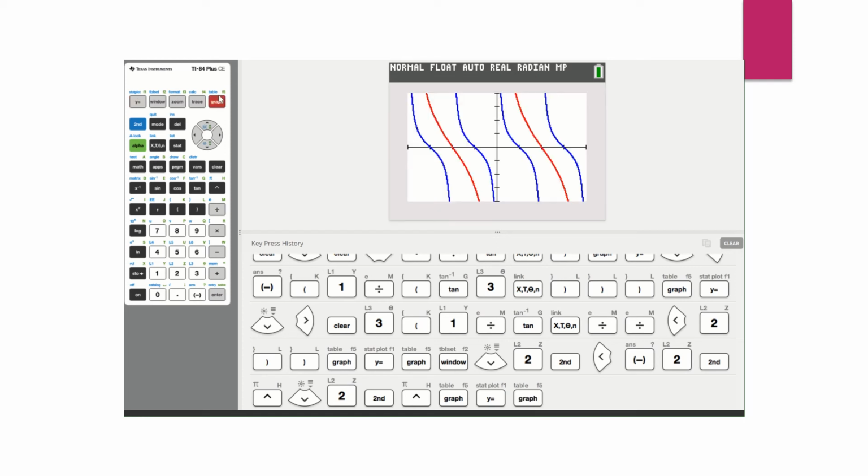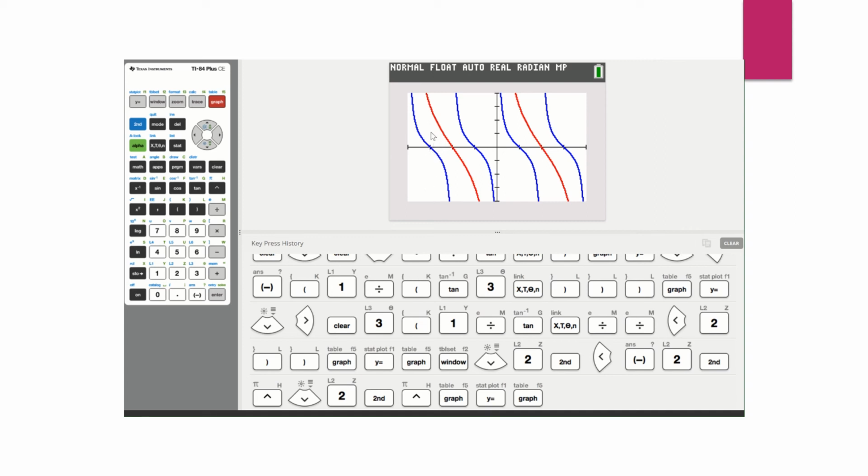We've seen a vertical stretch. Our period has stretched out. We've stretched our horizontal axis, our period, by 2, going from a period of pi to 2 pi, which of course has affected our asymptotes. And there we go. Yeah, we're at pi over 2. So I've got an asymptote here at pi.